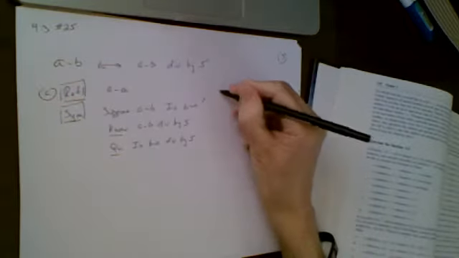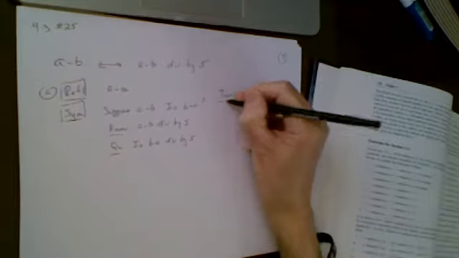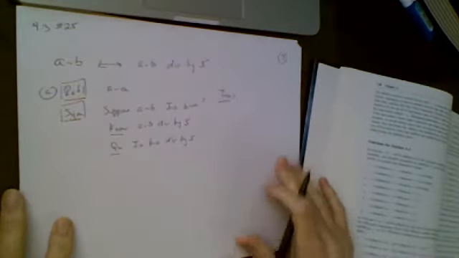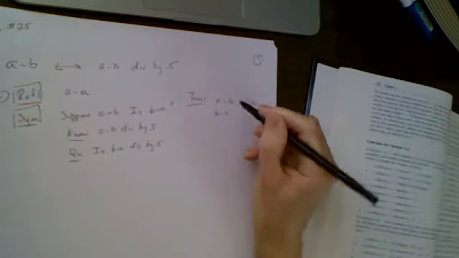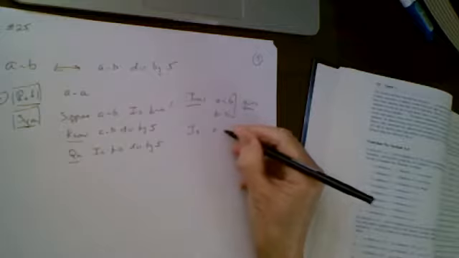They're symmetric. And for transitive, suppose you're given A is related to B and B is related to C. Is A related to C?